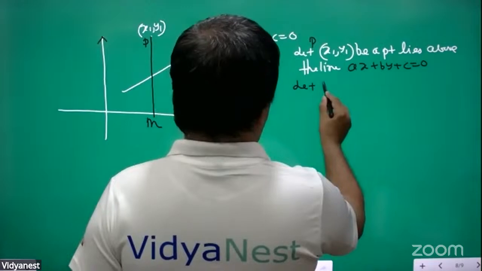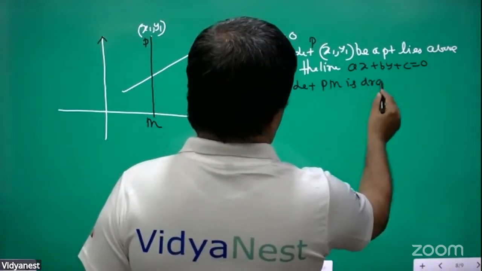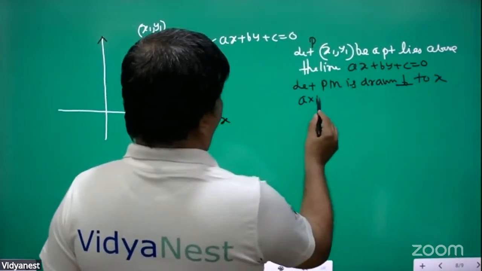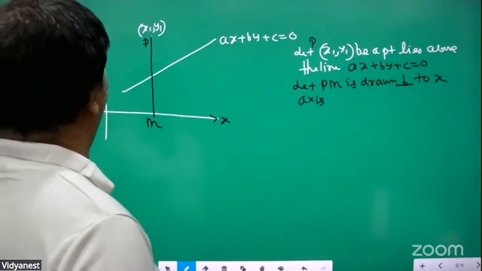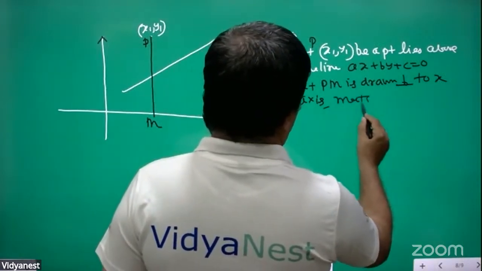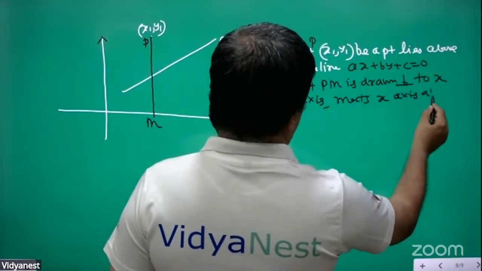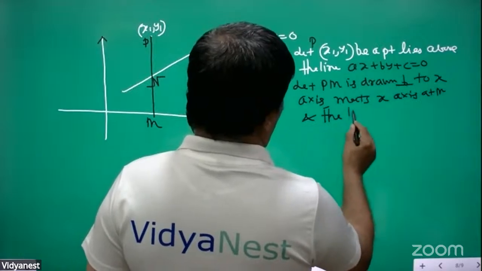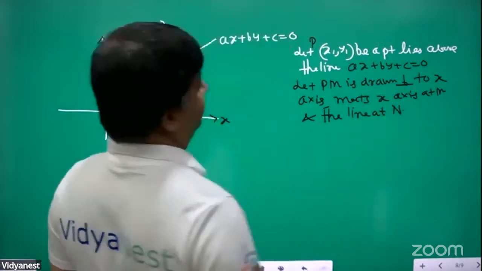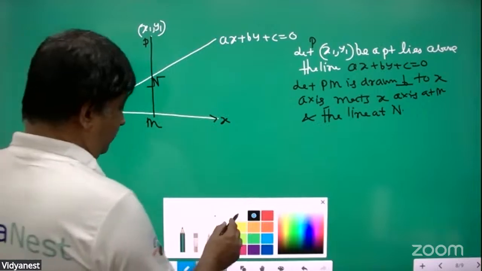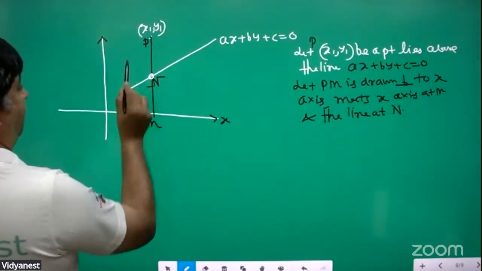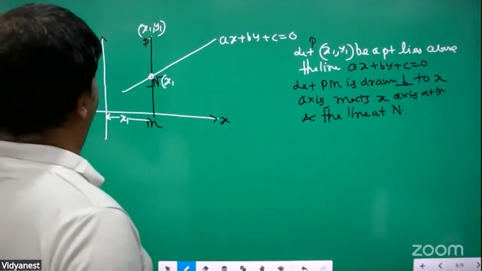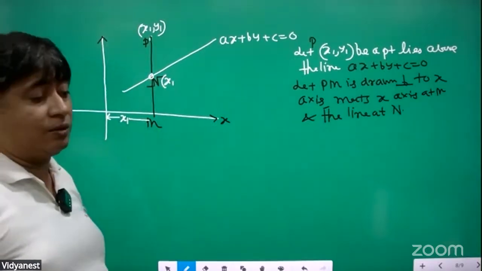Let PM be drawn perpendicular to the x-axis, meeting the x-axis at M and the line at N. Okay, so you observe that points P and N have the same x component.